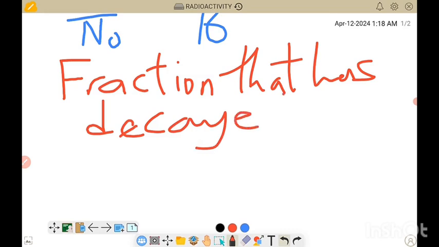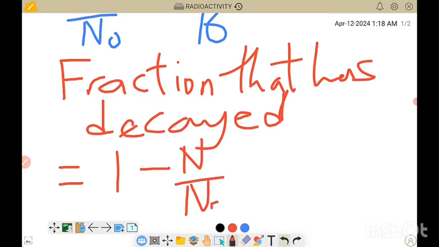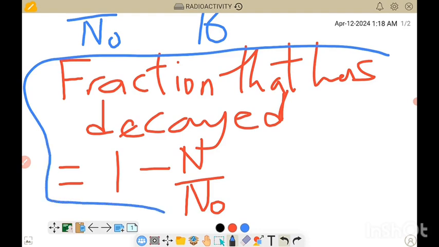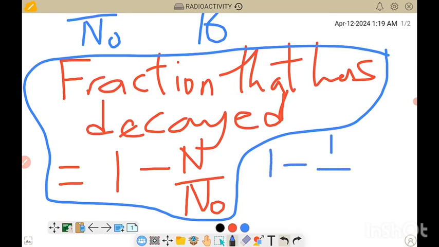Since you've calculated the fraction that remains, the fraction that decays is 1 minus the fraction that remains. You can note this, though this is not what the question asked us to calculate. We found what we were asked to find, but I'm just adding this in case the question says fraction that has decayed. You can just use 1 minus n over n naught and you will get that. In this case, that will be 1 minus 1 over 16, and definitely that will give us 15 over 16 mathematically, if that is the question.